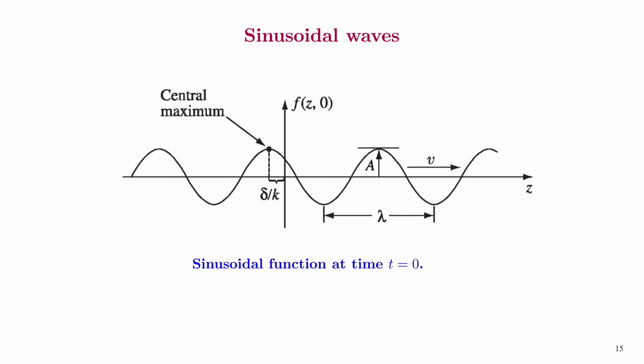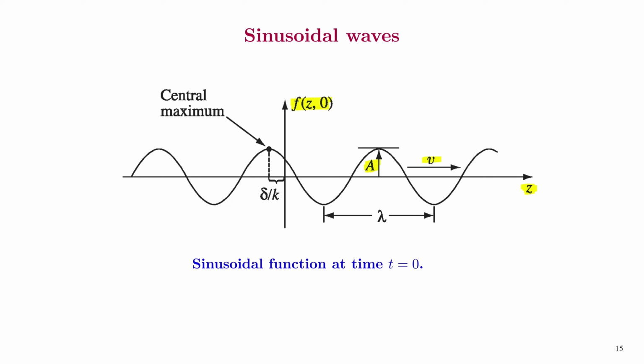So this is the graphical representation of the wave that we have just considered. The function f is along the y-axis, and the propagation direction of the wave is along the z-axis as shown. A represents the amplitude of the wave, and v is the velocity with which the wave is moving along the positive z direction.